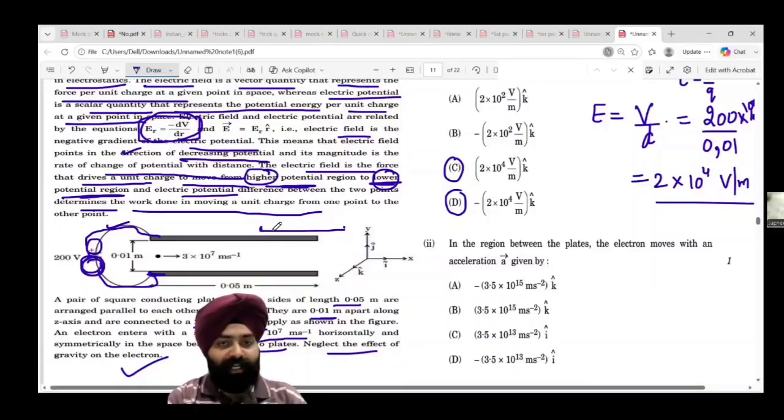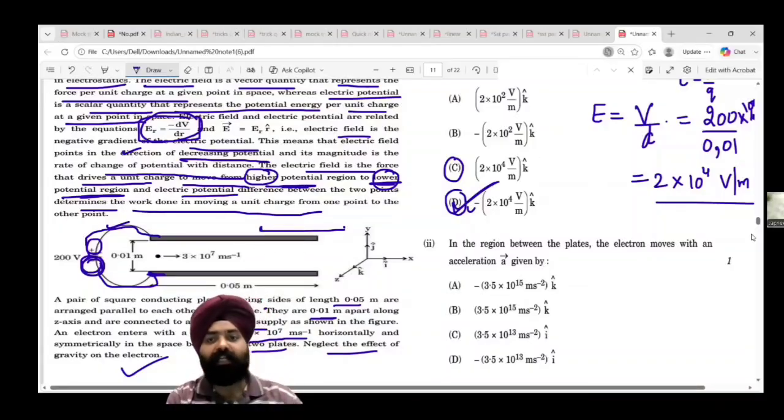And looking at the coordinate axis provided in the image, what do you conclude? Plus z axis points upward. If plus z axis points upwards, then it is pointing towards a minus k cap direction. So negative sign will be there.